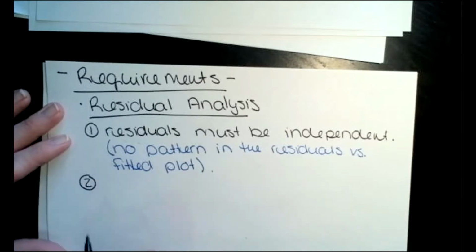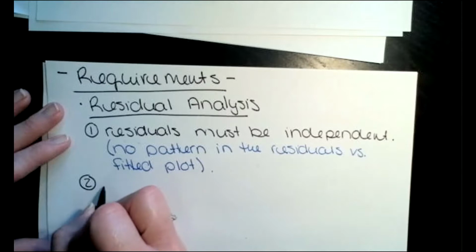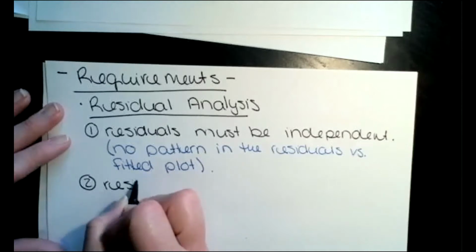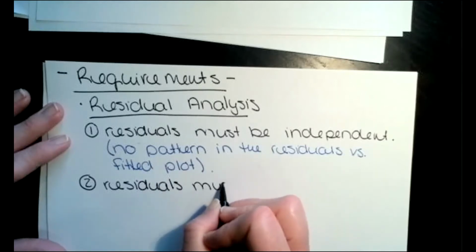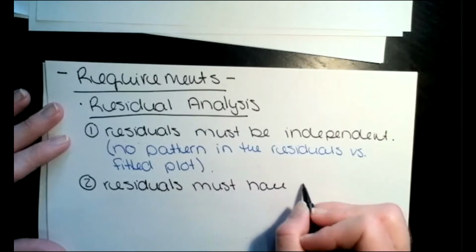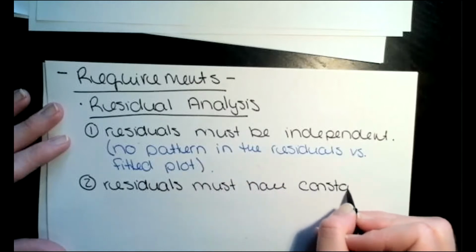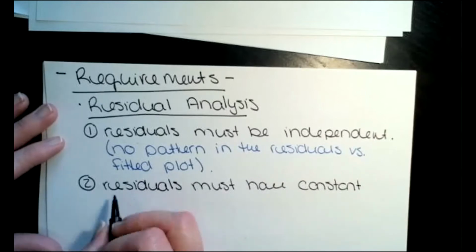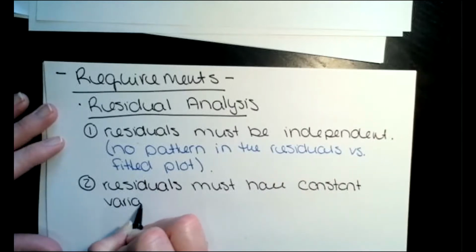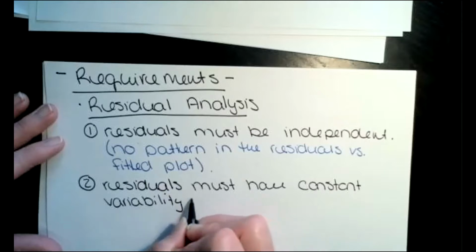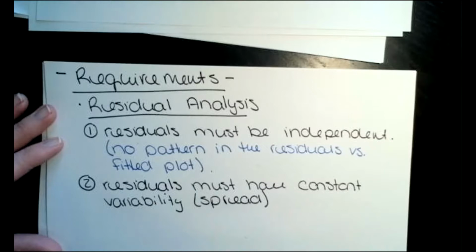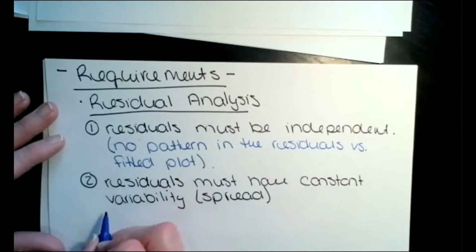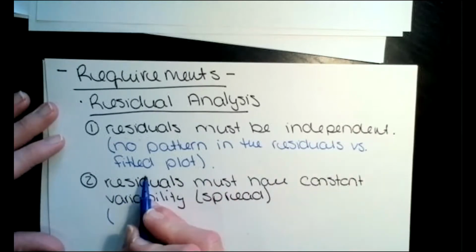Our second requirement is that the residuals must have constant variability. And what I'm talking about here is the spread. So again, we're going to look at the residuals versus fitted plot.